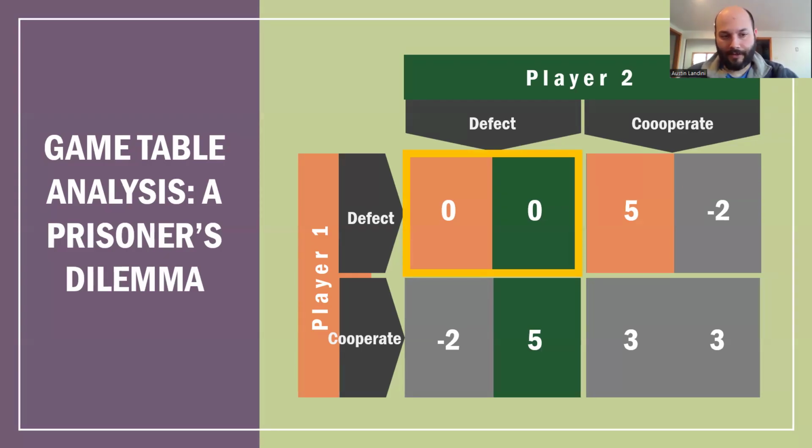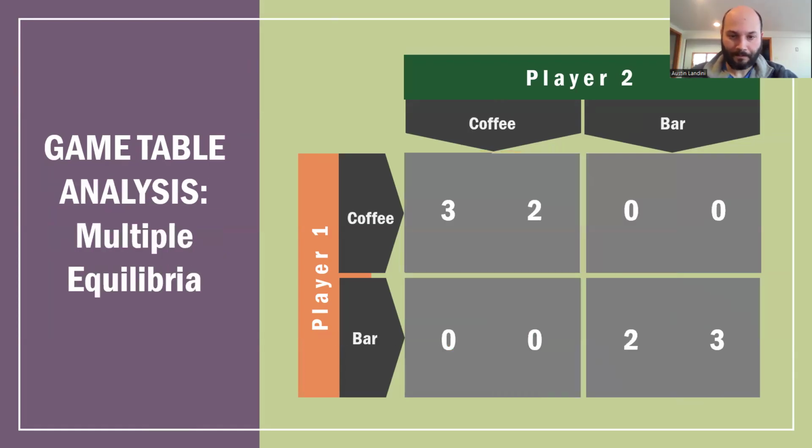All right, but suppose we have this prisoner's dilemma game here. We have a dominant strategy Nash equilibrium, which is not the best outcome for both players. In this case, cooperate would result in the best outcome for both players. So the question is, how can this be achieved, especially if this game is repeated over time?